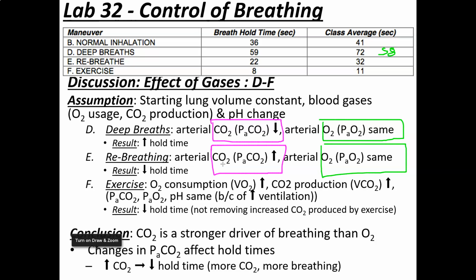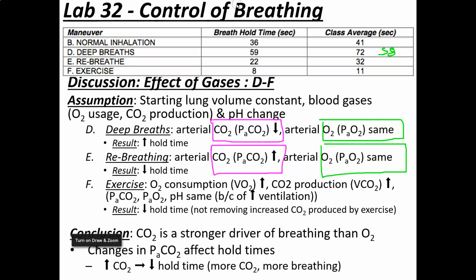So the idea would be, if it was oxygen that drove ventilation and oxygen didn't change, then breath holding time shouldn't change. But if it was CO2 that drove ventilation and we started with more CO2, that should result in less time for breath holding.